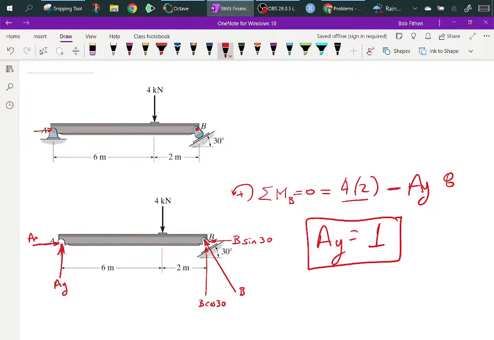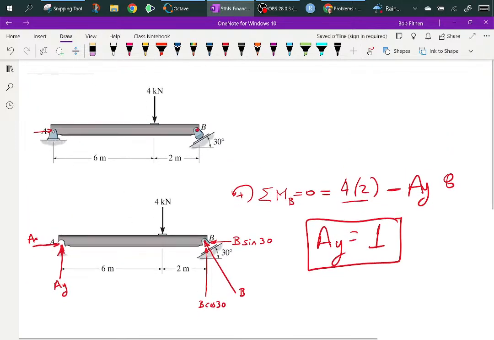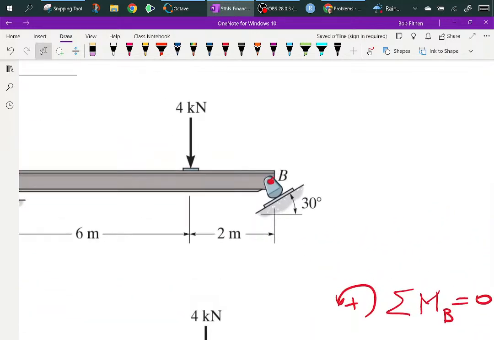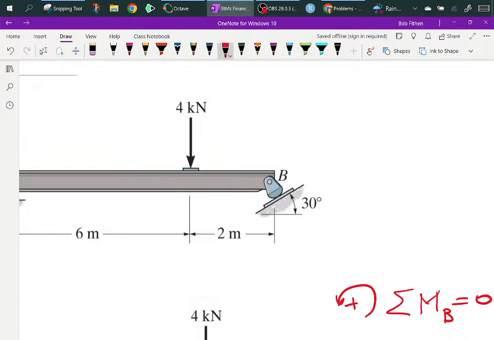Now, I could do things in a very interesting way. I could sum moments about A, or I could do something really strange. Let's try this for a strangity. Here's the way I'll have to do it. I'm going to shrink this down. First, I'm going to erase that red.